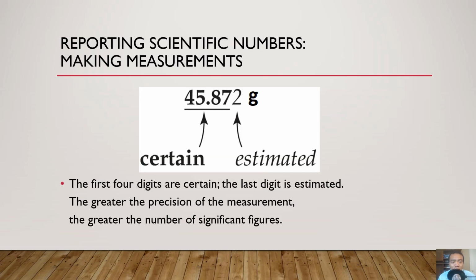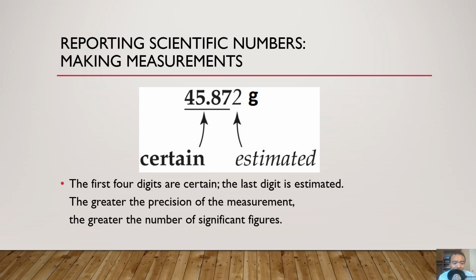Now, let's go on and talk about how to report the scientific numbers in the real measurement. You might see some numbers like this one, 45.872. The last digit and the last digit only is estimated.